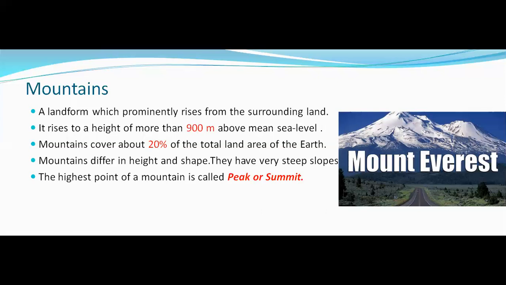Yes. So, children, when talking about the major landform, mountains, what have we learned? It is a landform which prominently rises from the surrounding land. The height should be above 900 meters above the mean sea level. And how much percentage does it occupy on our Earth? 20% of the total land area.